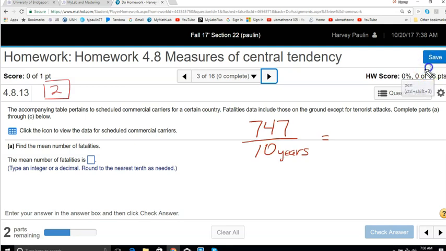So adding up all the fatalities in the chart, we got 747 over 10 years. So our average here would be 74.7. And of course, this is listed as X bar, which is the mean.